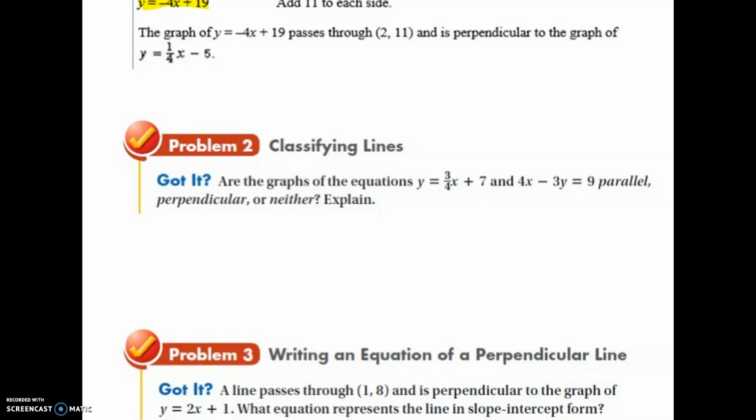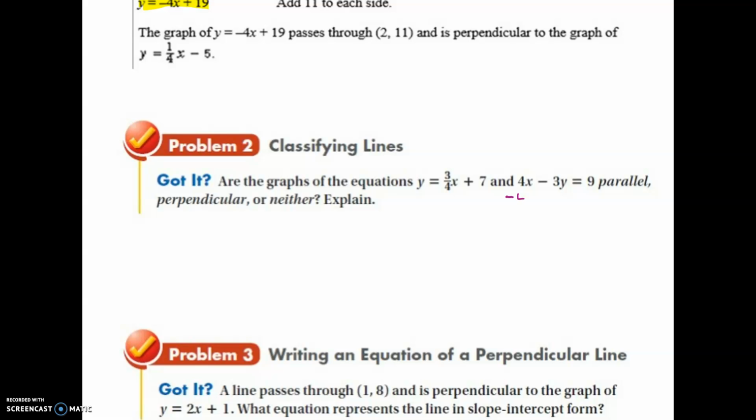So what we want to do again is classify. Are the graphs of these two equations parallel, perpendicular, or neither? So we have to find a way to compare those in the same way. So I'm going to take this second equation here and put it into slope-intercept form so we can compare the slopes. So that means I've got to solve for y.